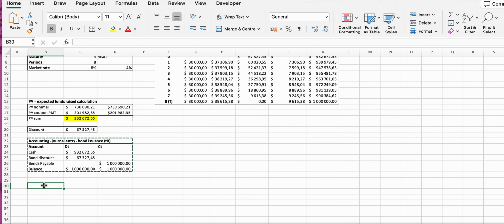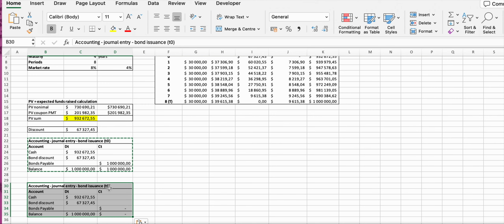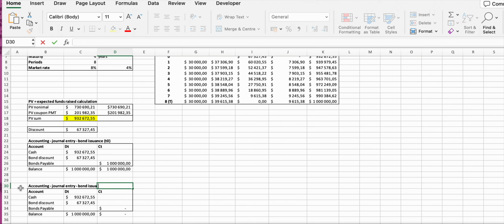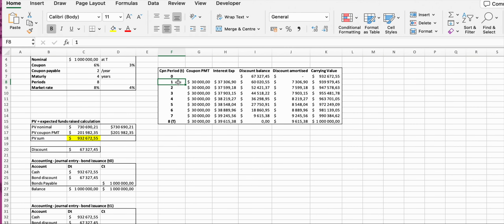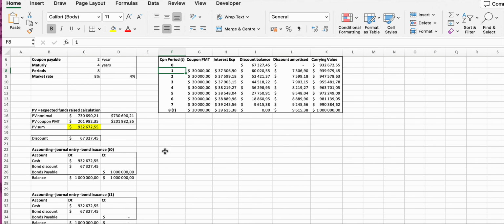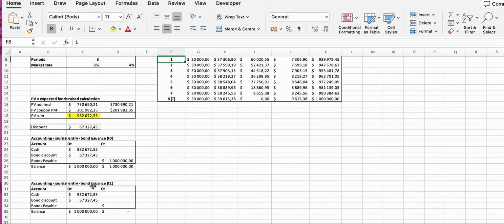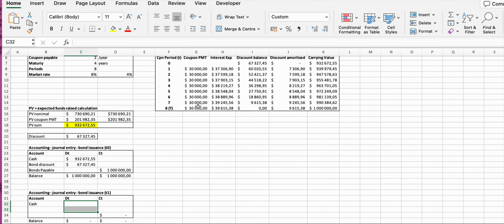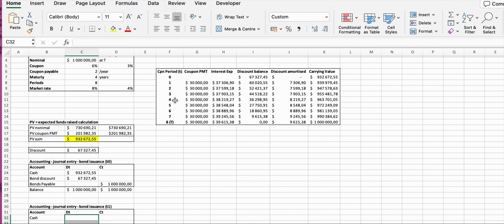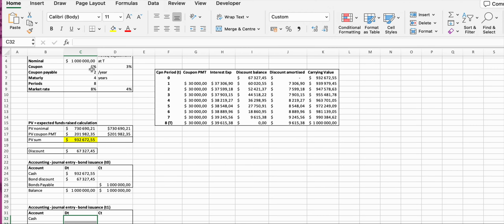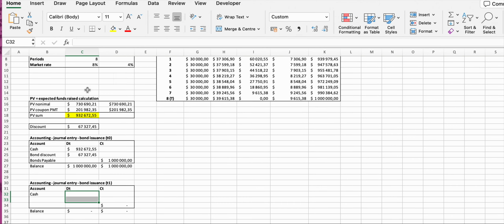And the last thing that the example requires us to do is to make the accounting journal entry at T1, at the end of coupon period 1. The reason for this is again to finally demonstrate the difference between the cash outflow and interest expense, and by extension the difference between the coupon rate and the market rate.